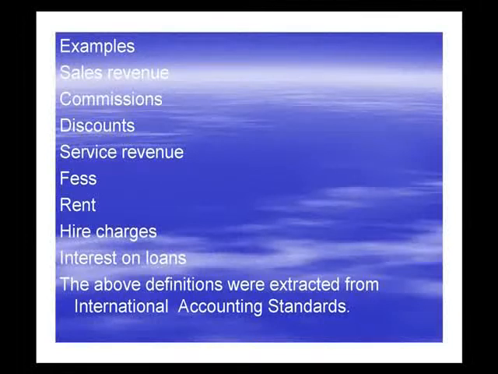Transport, PMVs, the main source of income or the revenue is fare, bus fare. Fees, schools. Rent, the property companies, real estate companies, rent. Hire charges, transport companies. Banks, interest on loans. It varies.